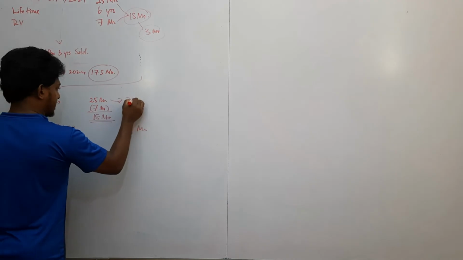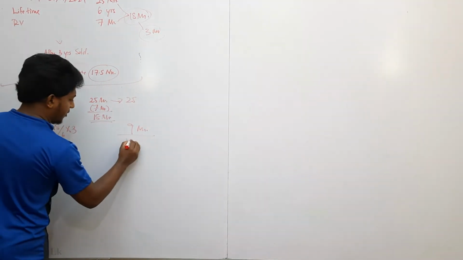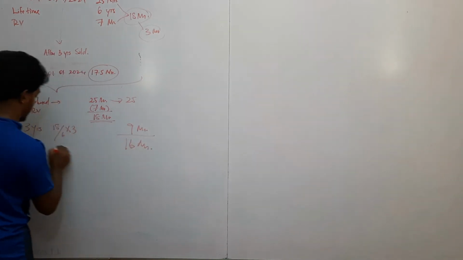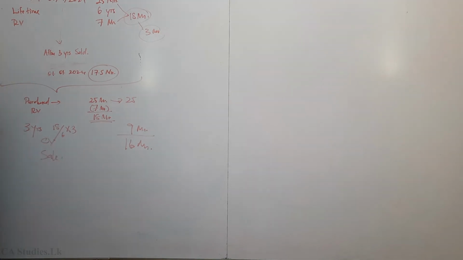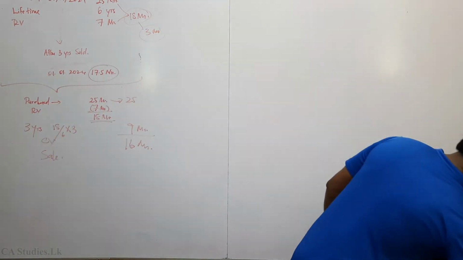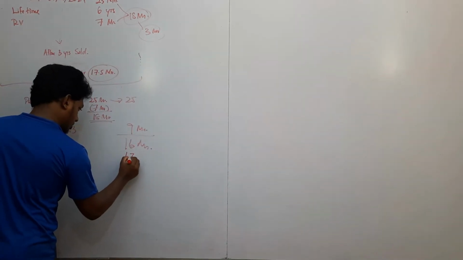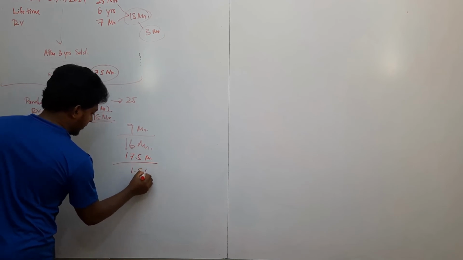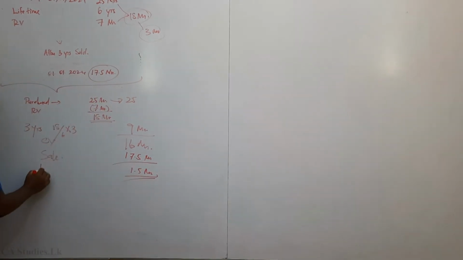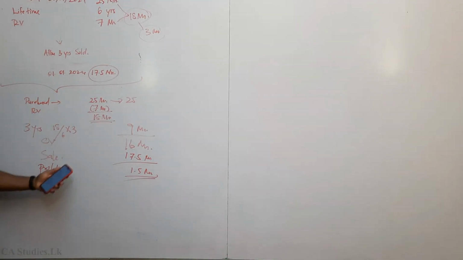So cost is 25 million; after 3 years, 16 million is the carrying value. Selling price is 17.5 million. Profit is 1.5 million. Is it difficult? Straightforward, you can do it. 1.5 million is profit. It's very easy.